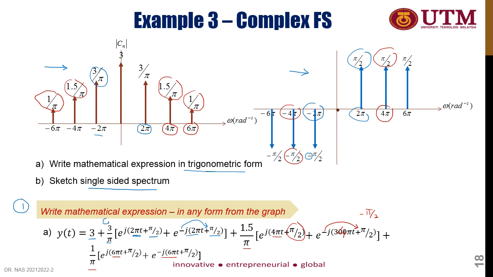At positive 6 pi it is positive, and at negative it is negative. So you already have the exponential Fourier series in hand. From this exponential Fourier series, you can convert the equation into trigonometric form.